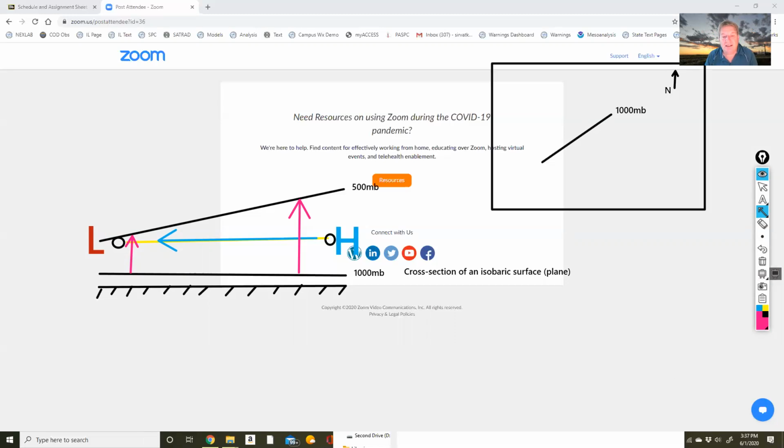So what I'm saying is that over here on this side, the temperatures are warmer. And over here, they're cooler. Because this is further apart than over here. That layer has expanded.